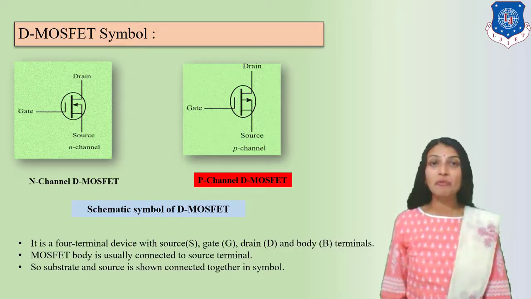Thus, we can identify the type of MOSFET from the symbols. So these are the symbols of D MOSFET types. So today we will study the P channel D MOSFET construction, working and its characteristic.